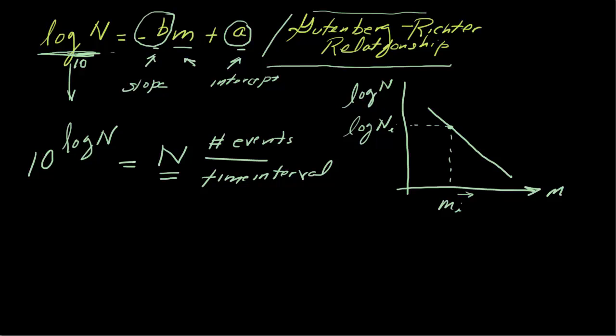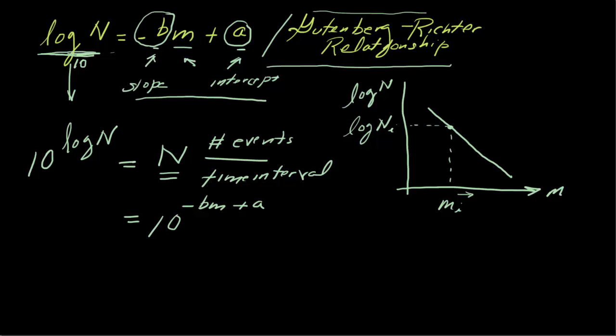Okay, well, we have this side of the equation. We've transformed that into n. And as we've said all along, if we want to maintain equivalence in our mathematical manipulations, what we do to one side of the equation we have to do to the other. So what we need to do now is raise 10 to the power minus bm plus a.